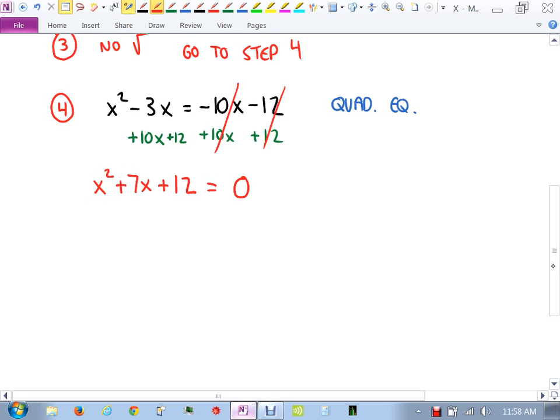Now we have a quadratic equation in standard form. You can either factor it, or you can use the AC method, right? You can do guess and check. You can use the quadratic formula. So the question becomes, can you factor that?